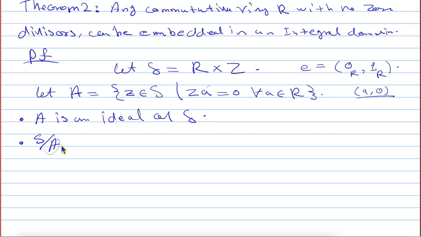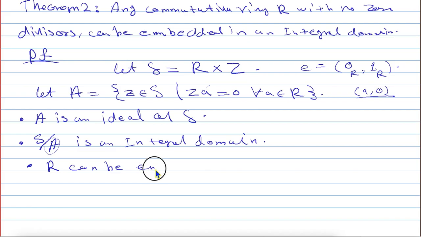Then S by A can be proved to be an integral domain. Then we can show that R can be embedded into S mod A. So these are the steps of the proof which we are going to carry out now.